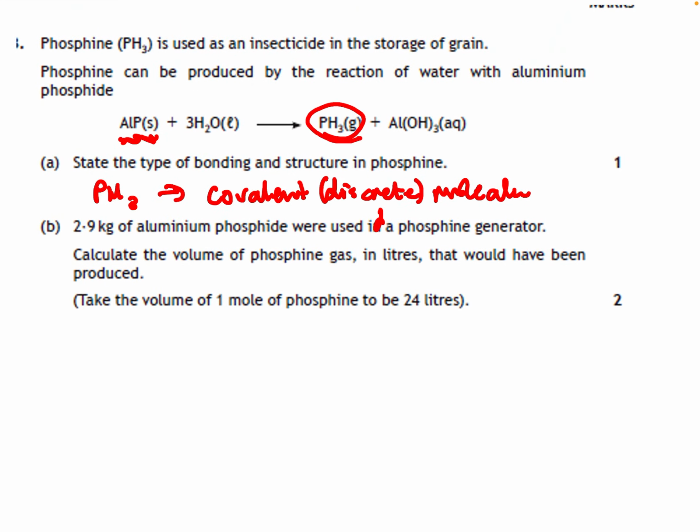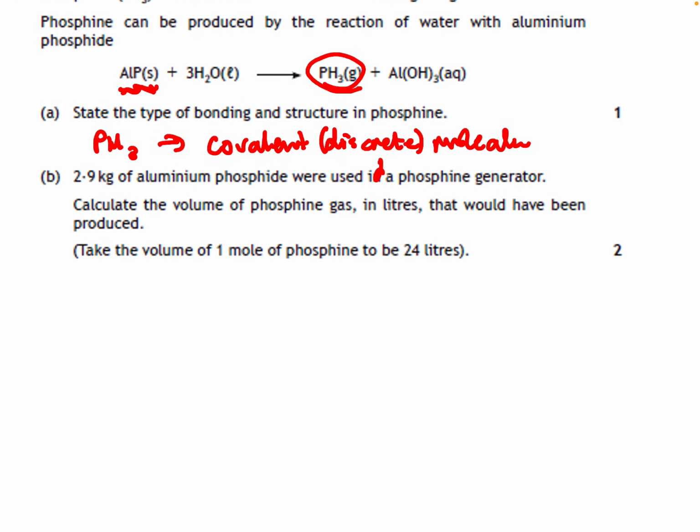Let's do the molar volume calculation now. Okay, so two things we're interested in are aluminium phosphide and PH3. So we'll put them out to make the calculation simpler. And we're trying to use the number of moles for our aluminium phosphide to work out the volume.